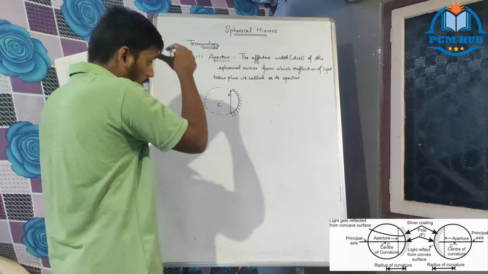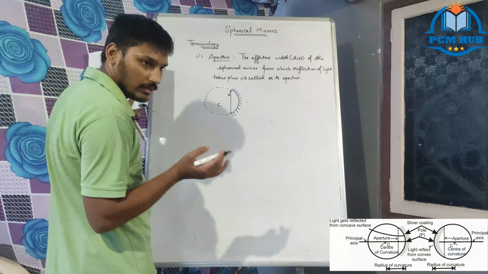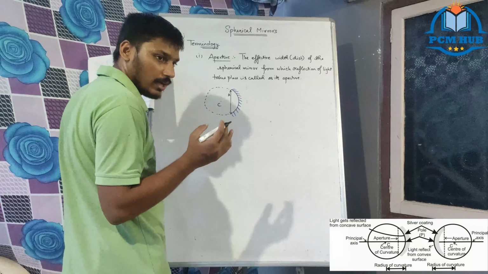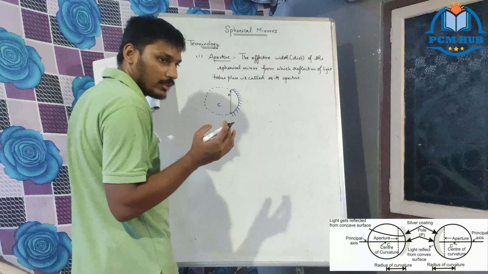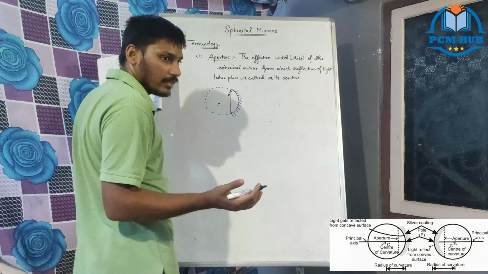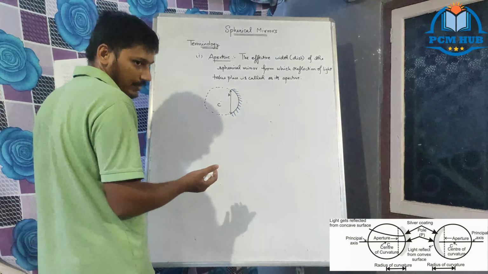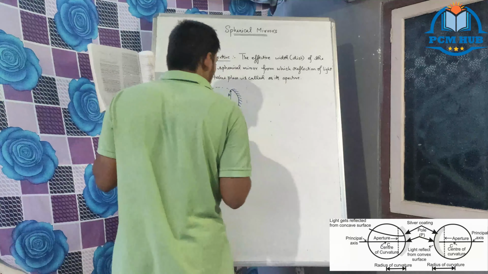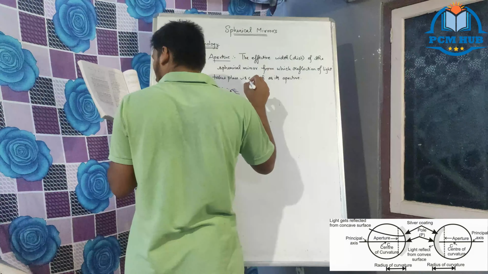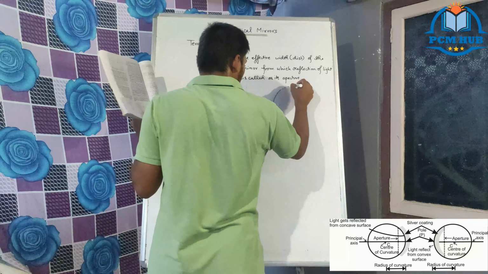Okay. So what happens? Even though it is a convex mirror or the concave mirror, the aperture will be same. The amount of rays falling on the reflecting surface depends on the aperture. If the aperture is constant for both convex and concave mirror, that means the same amount of rays will be entering on both the convex and concave side. Okay. You can see here he has taken this side for the concave.